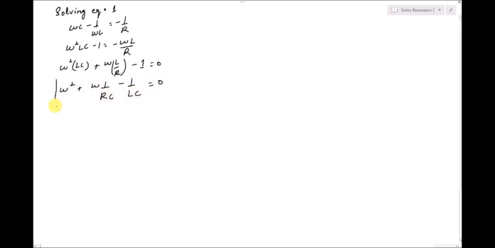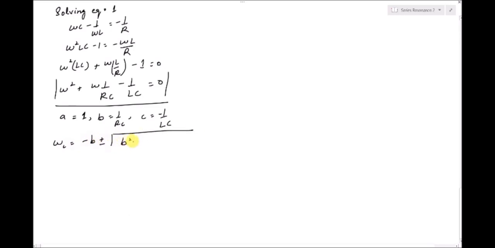So this is a quadratic equation, so we can solve it by the quadratic formula. We know that A is equal to 1, B is equal to 1 over RC, and C is equal to minus 1 over LC. After solving using the formula, omega low is equal to minus B plus minus under root B square minus 4AC over 2A.